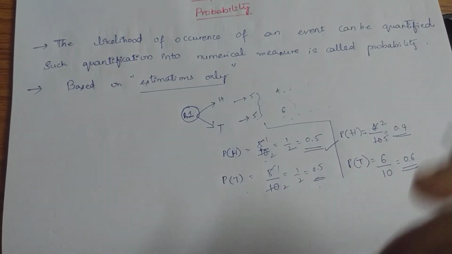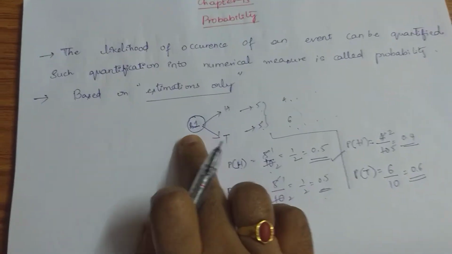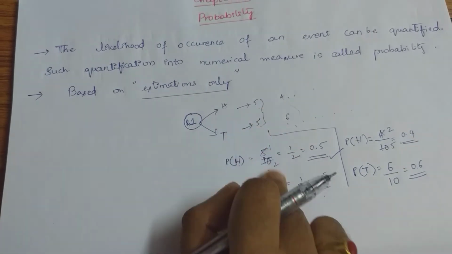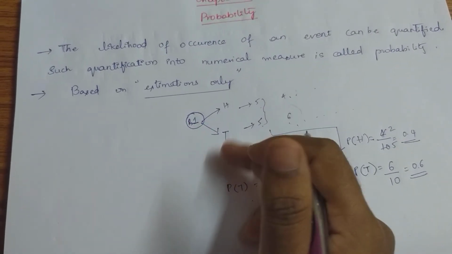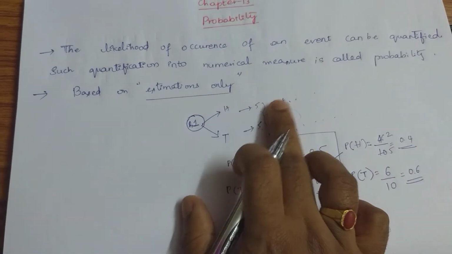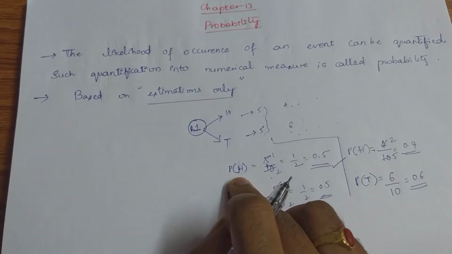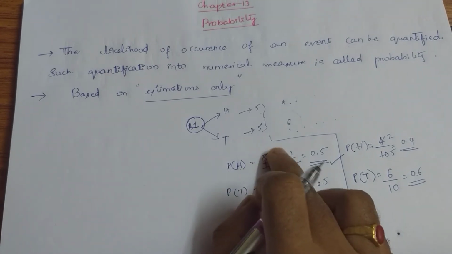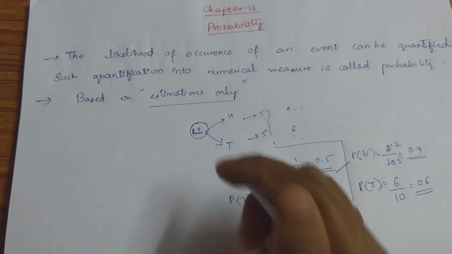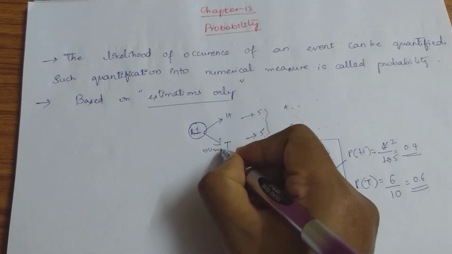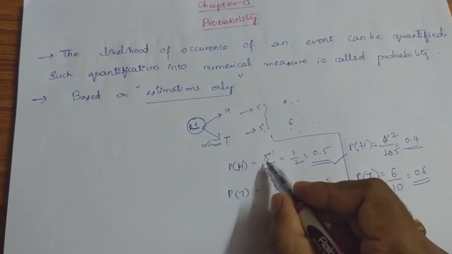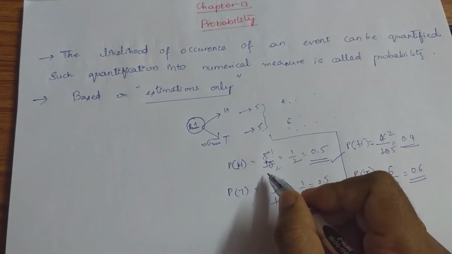Let me give you a recap again. In example 1, when you toss the coin 10 times, you get 5 times heads and 5 times tails. The probability of getting heads is 5 times you got heads, by how many times you tossed the coin, 10 times. So 5 by 10, that is the total number of heads you got by the total number of outcomes.